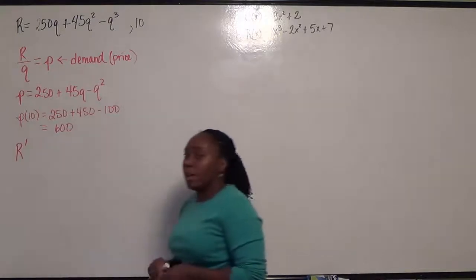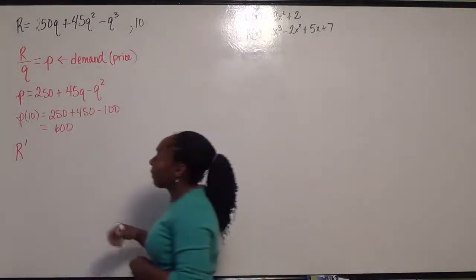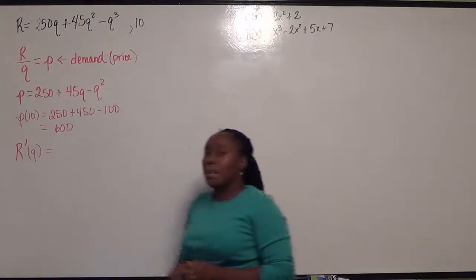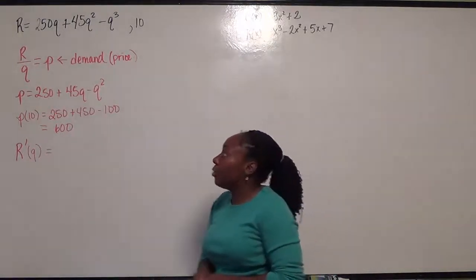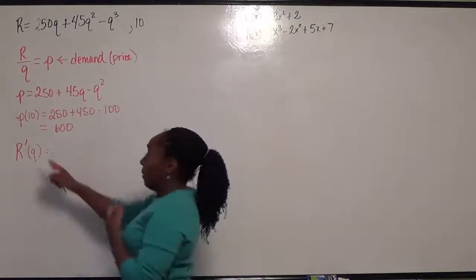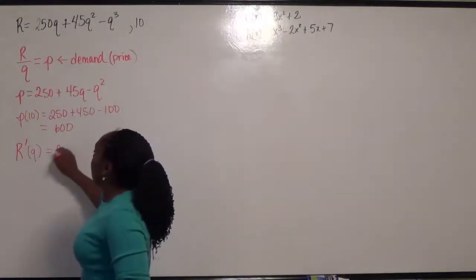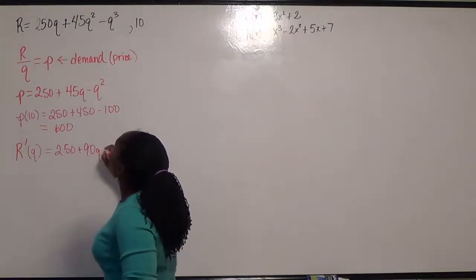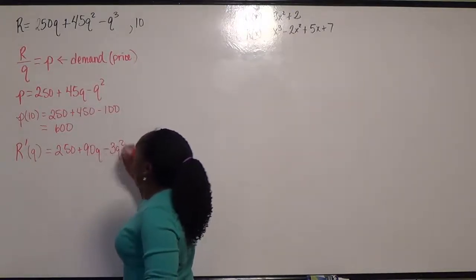If I go the other direction and I look at my marginal, so R prime of Q, this one actually means to take my derivative. So again, I can use my basic properties. My derivative here is going to look like 250 plus 90Q minus 3Q squared.